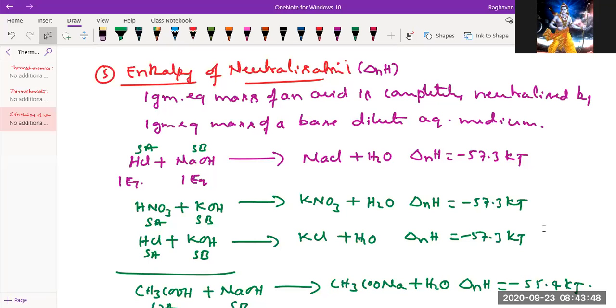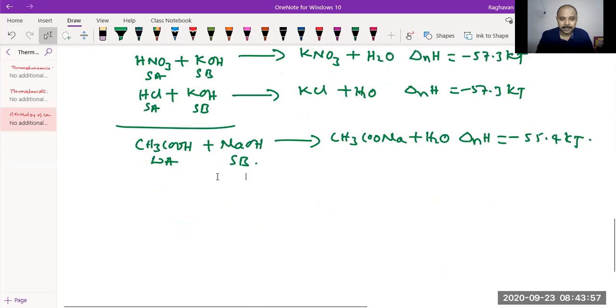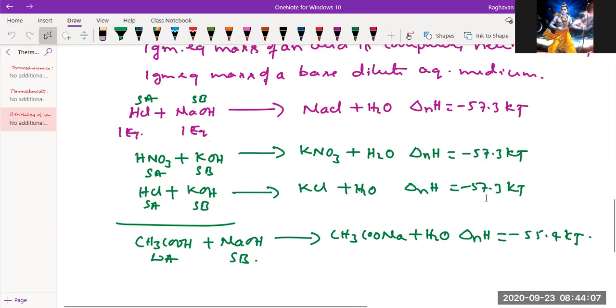Sir, the reactants completely react. You think here it is incompletely reacted? Acetic acid and sodium hydroxide give sodium acetate and water. It's a complete reaction. No reactant will remain unreacted, sir. Here also the reaction is completed.